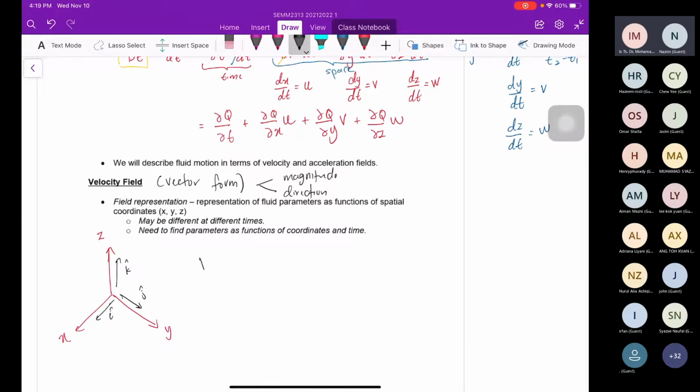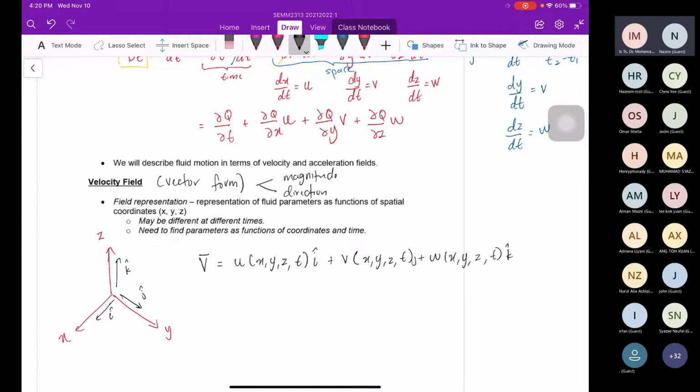So the average velocity is basically U in terms of X, Y, and Z, and time, in the I direction. V, in terms of X, Y, and Z, and time, in the J direction, plus W, in terms of X, Y, and Z, and time, in the K direction.